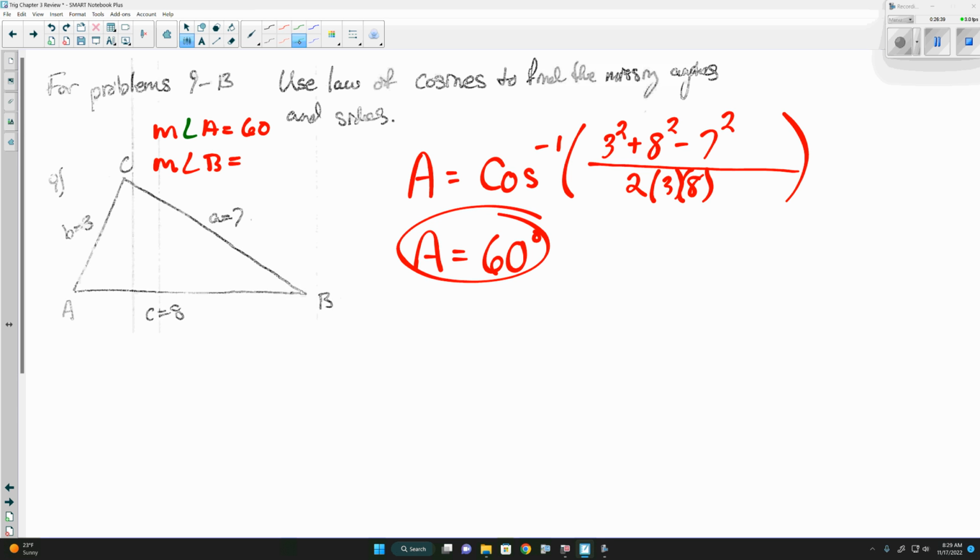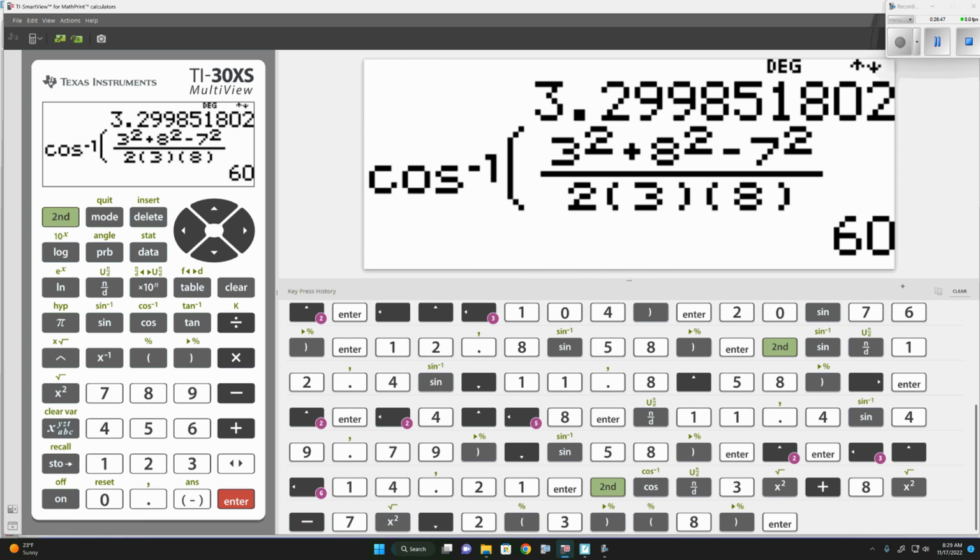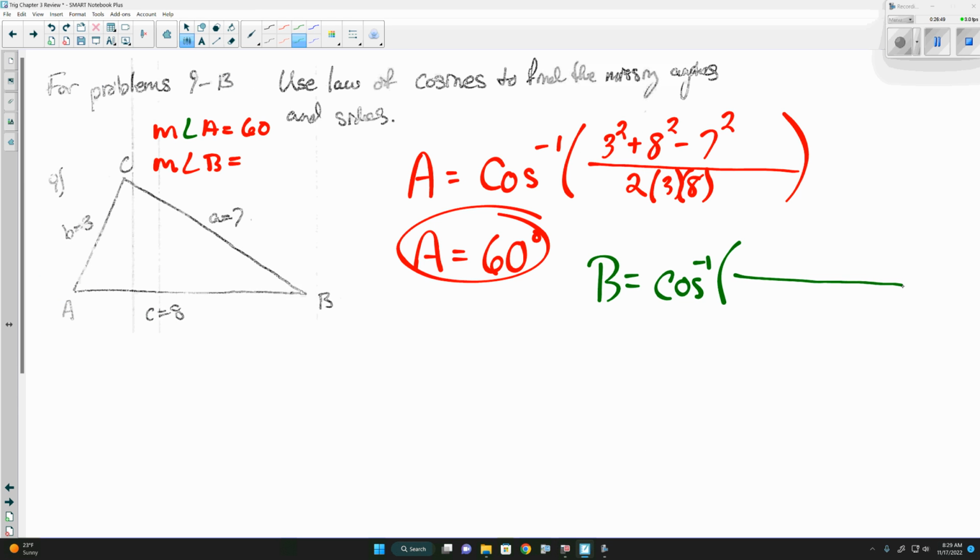Now we can go and find the measure of angle B. B is going to be cosine inverse of, okay, good. So it would be a squared plus c squared minus b squared over 2 times a times c.